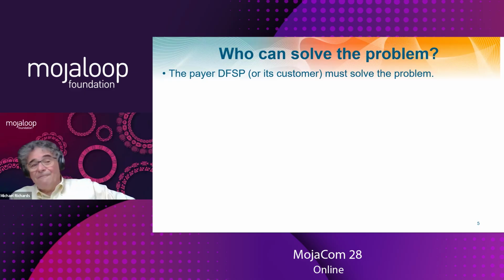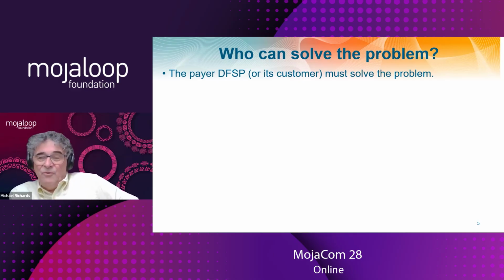Now, we have looked in the past at solutions or potential solutions that say, what would happen if payee DFSPs were to register, I am the preferred target for this identifier? We've typically drawn back from that because we've said the problem is, of course, every DFSP wants to be the one that gets the funds. So how do we make sure that we are really taking into account the wishes of the customer and not simply land grabs on the part of individual DFSPs?